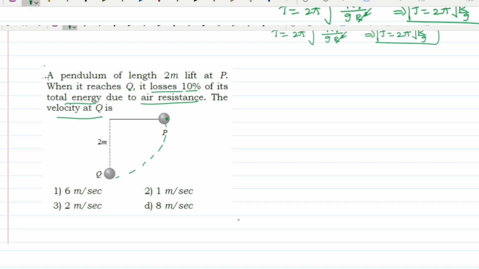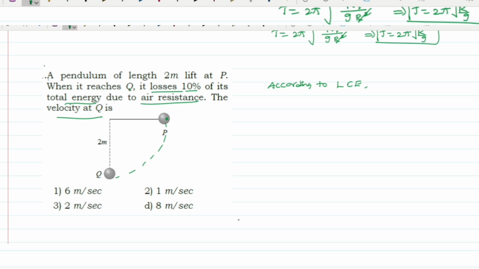Here you just apply the law of conservation of energy. According to the law of conservation of energy, at the point P it has potential energy. The moment it is released, the potential energy is converted into kinetic energy.